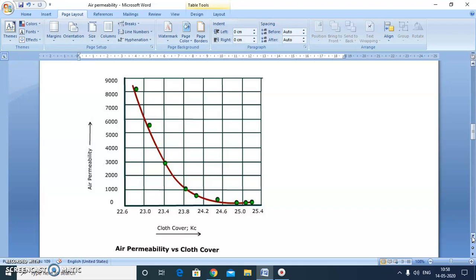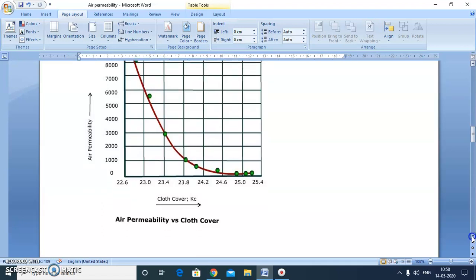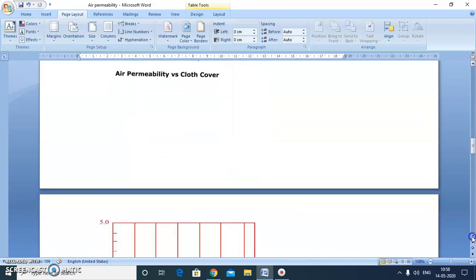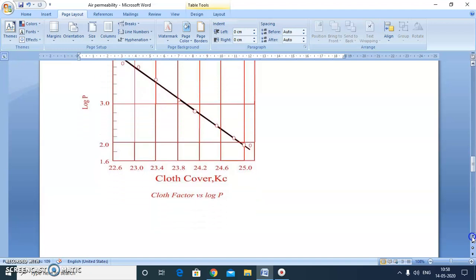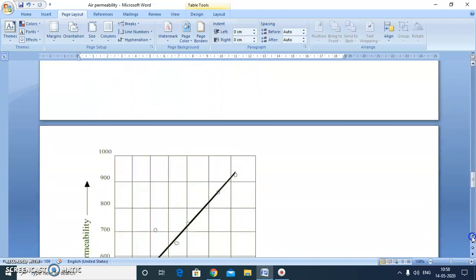We can see it here. This is the graph between the log of the air permeability values and cloth cover, which shows a straight line. So it shows the exponential decrease of air permeability with cloth cover.